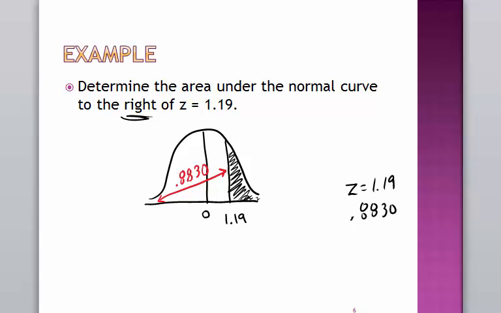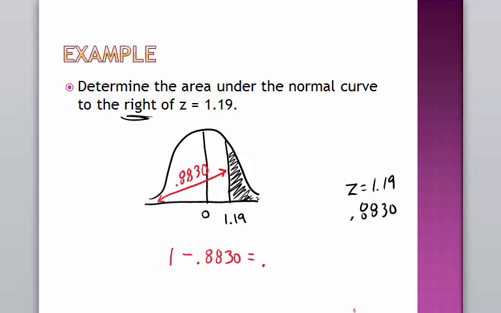Remember, in our properties, we said that the total area under the curve is always equal to 1. So if we take the total, which is 1, and we take off this 8830, which is the unshaded part, the part that we don't want, if we subtract those two, that should give me the area of the shaded part.